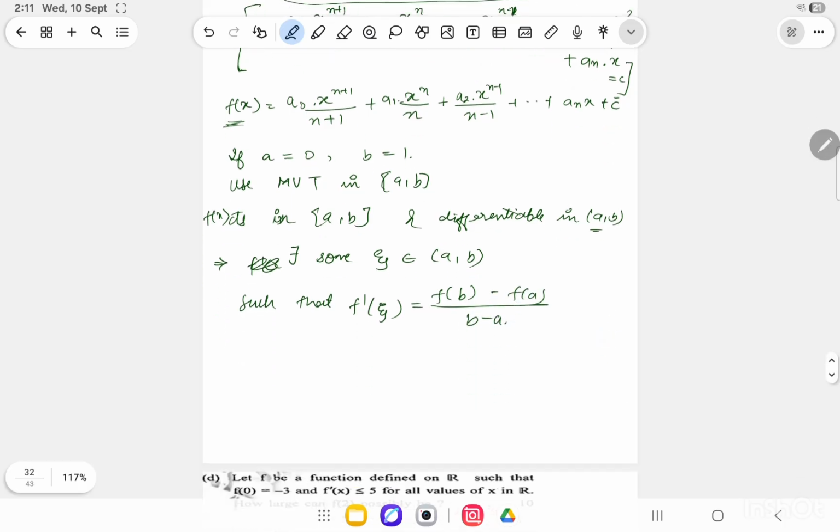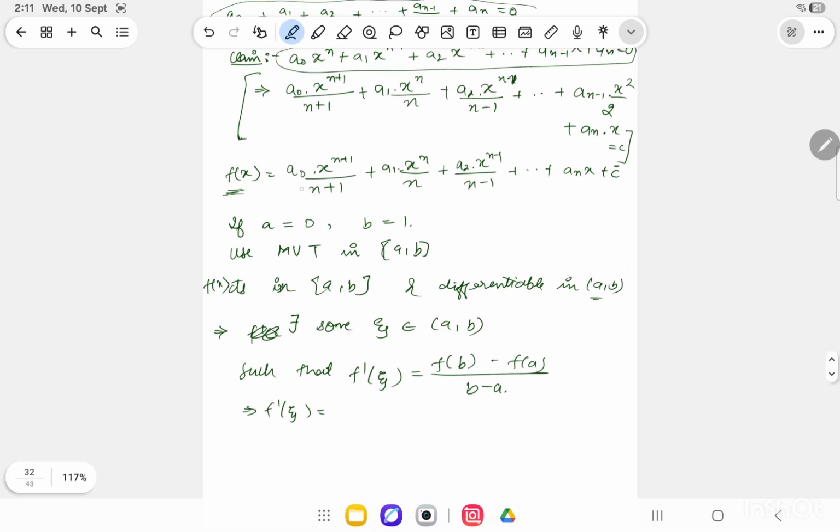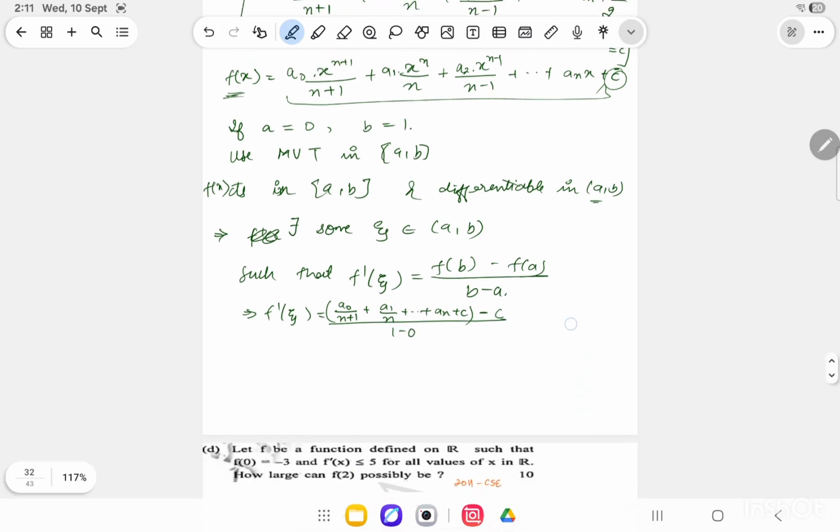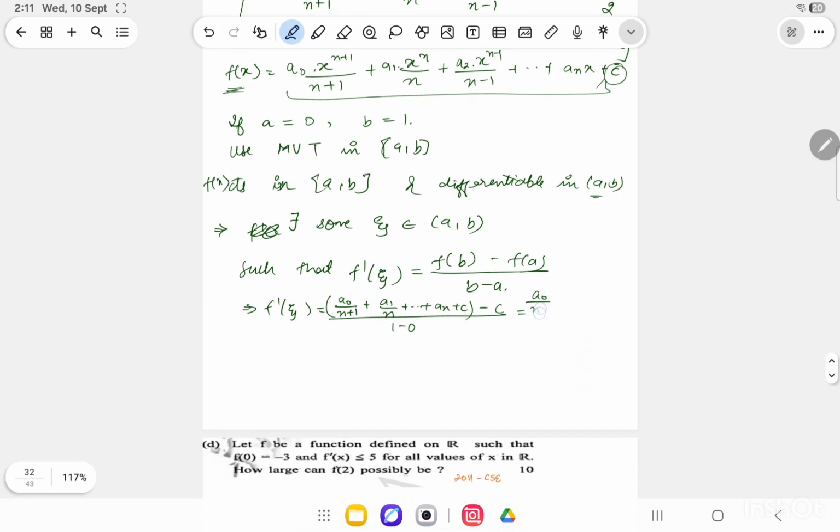I have assumed b to be 1 and a to be 0, so f'(xi) equals f(1) minus f(0). f(1) will be a0/(n+1) + a1/n + ... + an + c, and f(0) will be c only, since all other terms are 0. So this equals a0/(n+1) + a1/n + ... + an, as the c cancels out, divided by 1.